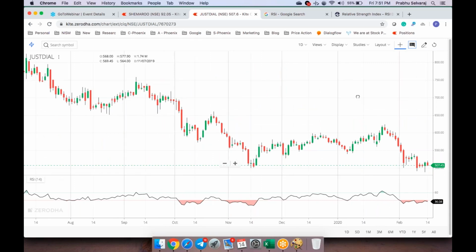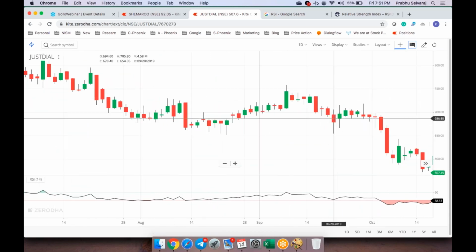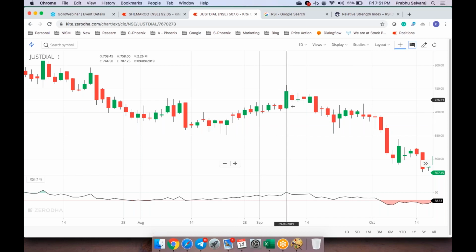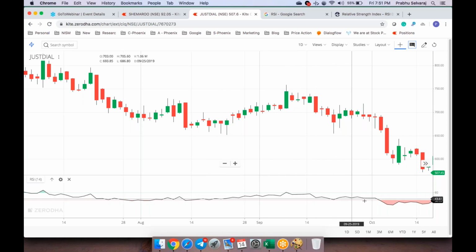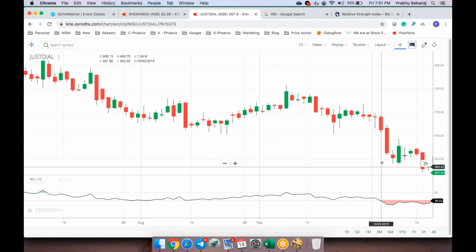If you look carefully over here, every minute thing is important. This candle, see the RSI, it's a flat market for quite a long time, but you cannot make a shorting opportunity because the RSI is between the no trading zone. The day the RSI crosses 40, look at the severe fall in the stock.